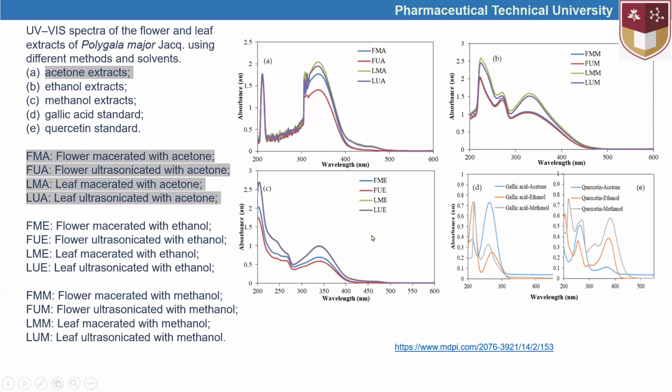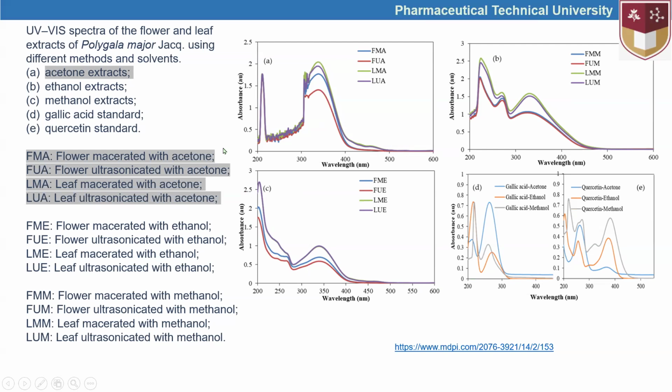And here we can see more results and understand the efficacy of this tool in quantification. In case A, acetone extracts were obtained from the flowers and leaves of Polygala major.